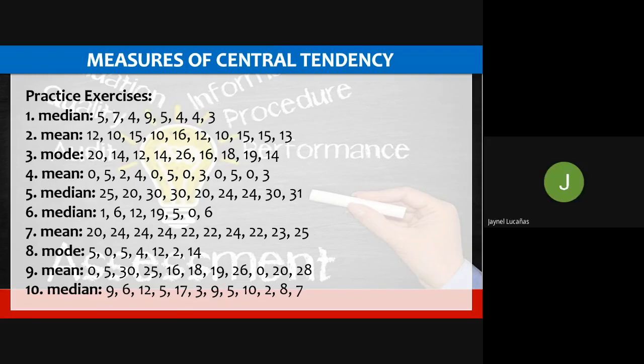Hello po, good evening. Ang number 1 ko po is 4.5. Number 2 ko po is 3.8. Number 3 is 14. Number 4 is 2.1. Anong number 4 mo? 2.1 po. Number 5. 25 po.